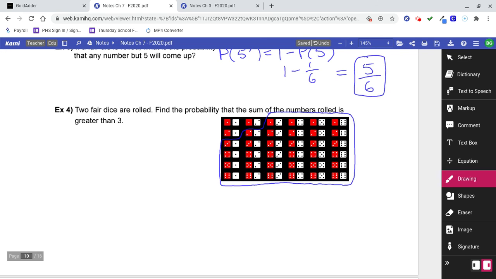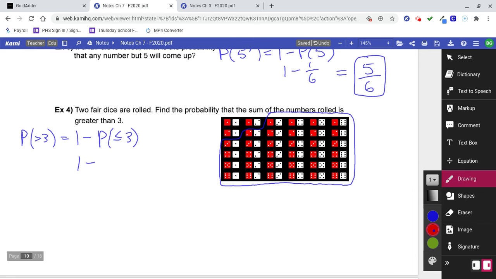So what they're saying is if we want to find the probability of the sum being greater than 3, it might be easier to just subtract off the probability that the sum is less than or equal to 3. So instead of counting up all of the outcomes that I circled, let's just count up all of the ones that I didn't circle. Like these.